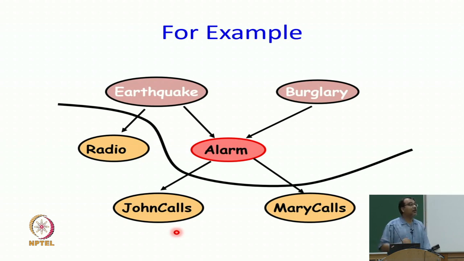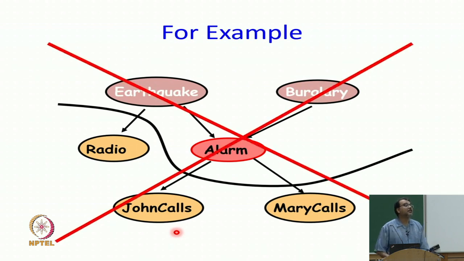But now John has also called, so I have obviously increased my probability that alarm might have gone off. Or let us say both John and Mary called, then the probability has become very close to 1. So, by additionally knowing John, even though I knew earthquake and burglary, I get more information about alarm, which basically means that they are not conditionally independent.